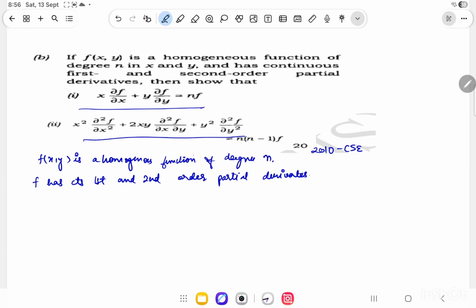If you observe, these are basically Euler's first and Euler's second theorem. So the examiner is basically asking us for the proof of Euler's first theorem and Euler's second theorem. So let's see.